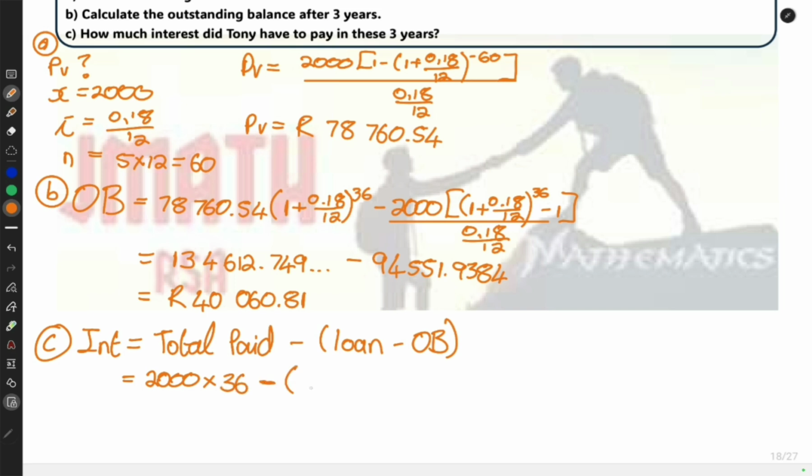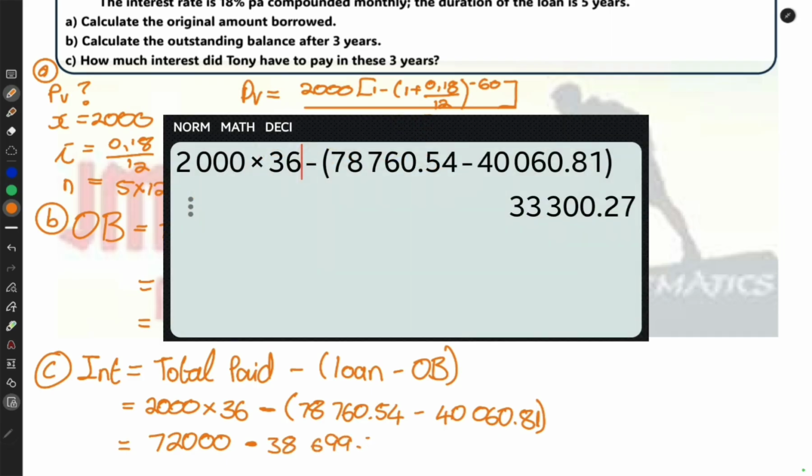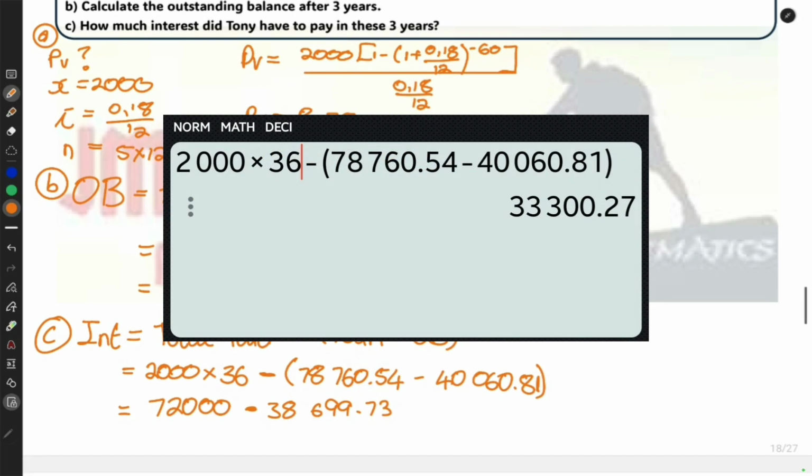The original loan was 78,760.54, and the outstanding balance was 40,060.81. The total that he paid is 72,000, and this bracket has a value of 38,699.73, and therefore his interest came to an amount of 3,300.27 Rand.